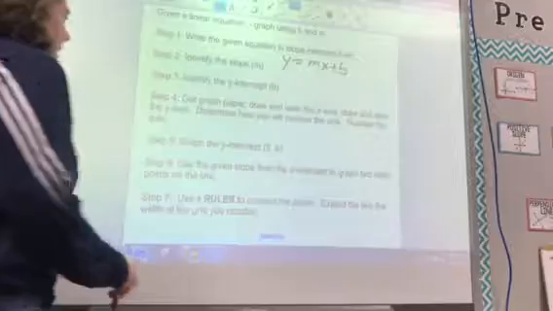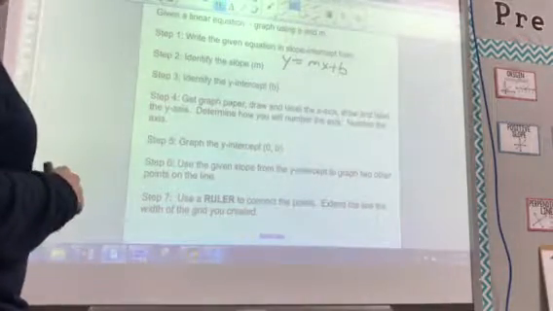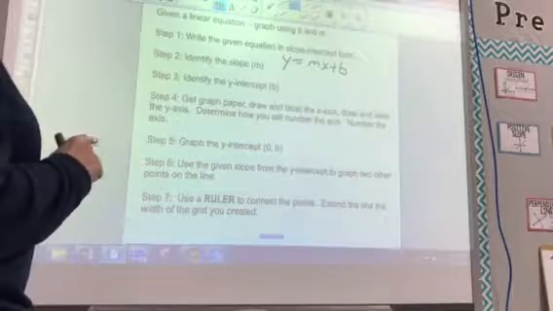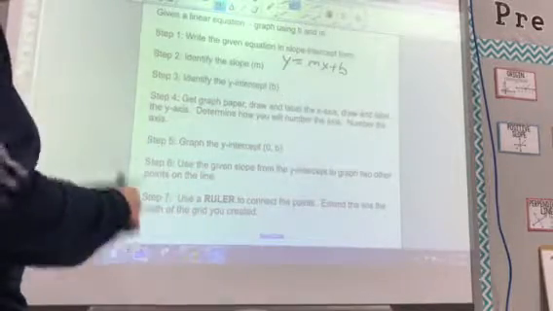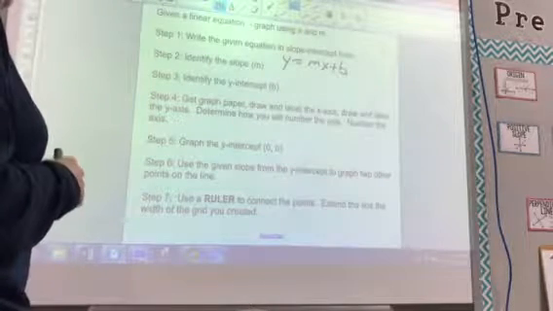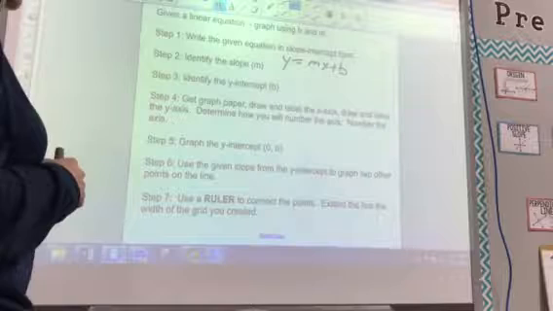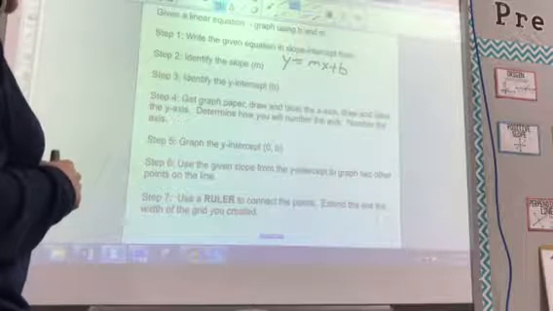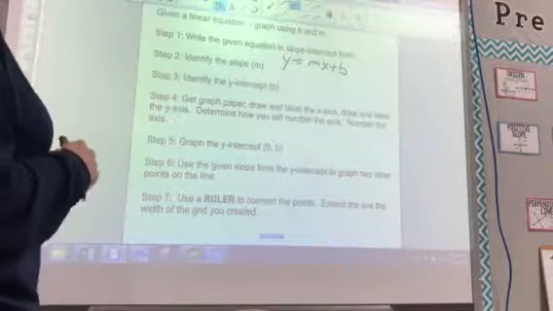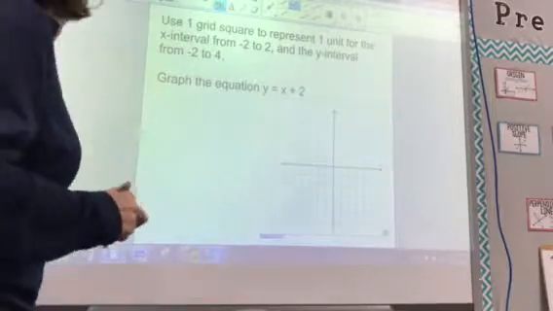Then graph the y-intercept. Put a dot where your y-intercept is. Then use the slope: down to the right, down to the left, up to the right, up to the left. Finally, use a ruler or a straight edge to connect the points. Do not freehand draw. I know the difference. Extend the line to the entire width that you created.